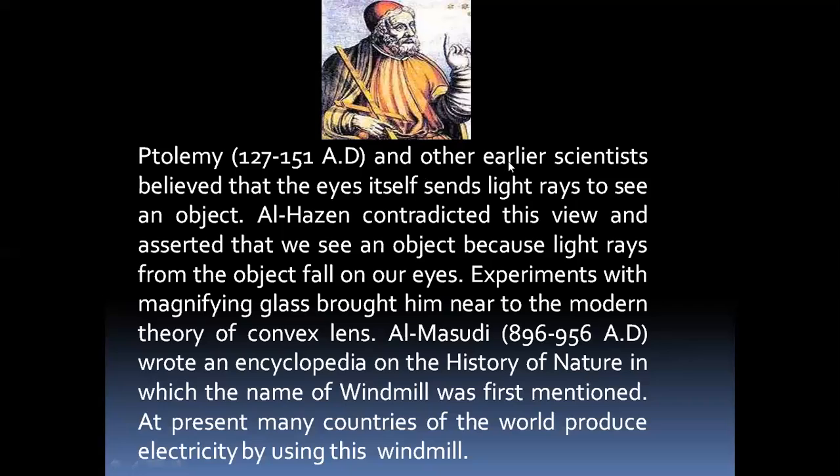Ptolemy and other earlier scientists believed that the eye itself sent light rays to see an object. Alhazen contradicted this view and asserted that we see an object because the light rays from the object fall on our eyes. Experiments with a magnifying glass brought him near to the modern theory of the convex lens.